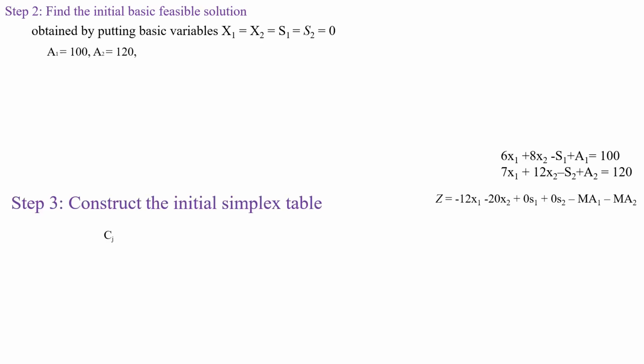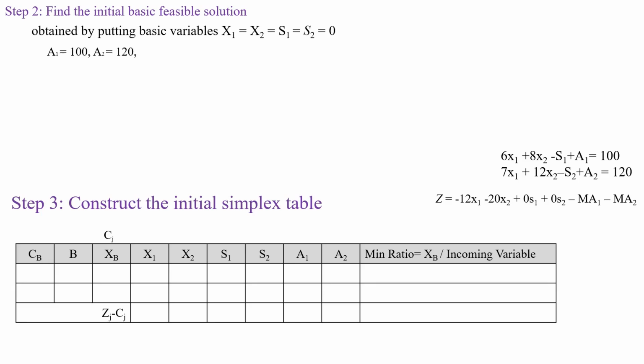Next step is to construct the initial simplex table. This is the initial simplex table. Here B is the basic variables. Here we are considering a1 and a2 as the basic variables. Then I have to enter a1 and a2 in the column B. And CB is the cost coefficients of the basic variables, that is minus M is the coefficient for the artificial variable a1.